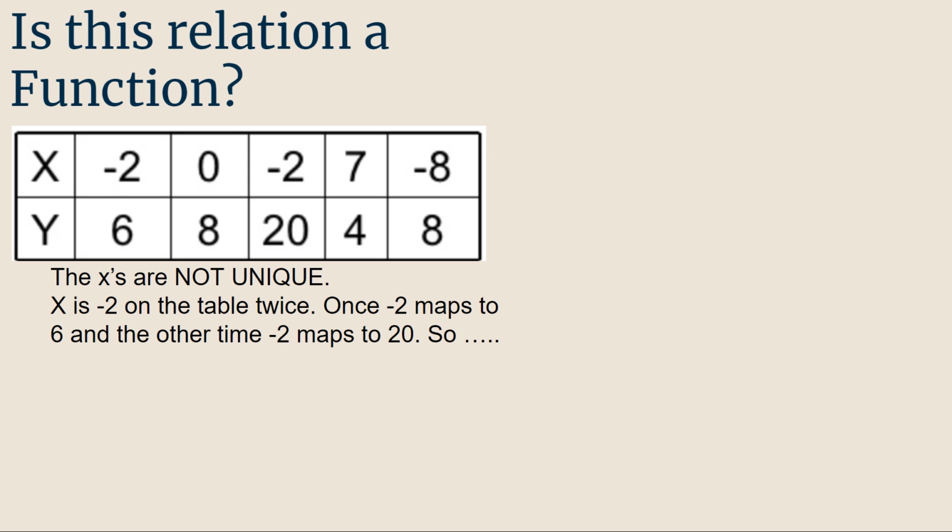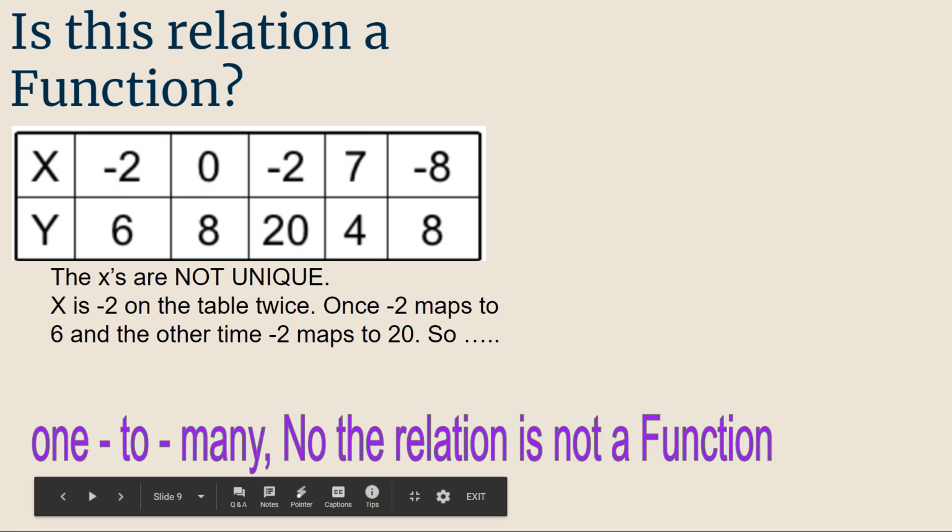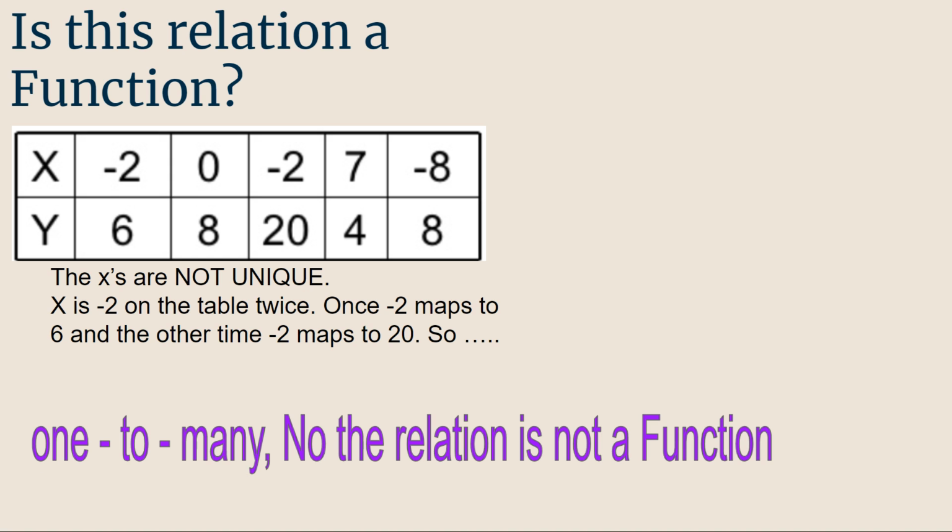So if it was negative 2 going to 6, and then somewhere else on the table it also had negative 2 going to 6, that's how they try and trick you on state test questions. So check your table. But since negative 2 is on the table twice and it maps to two different things, this is one input value of x that maps to many output values of y. So it's not a function.